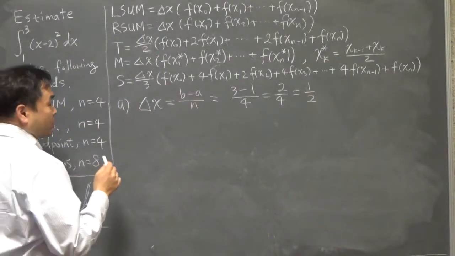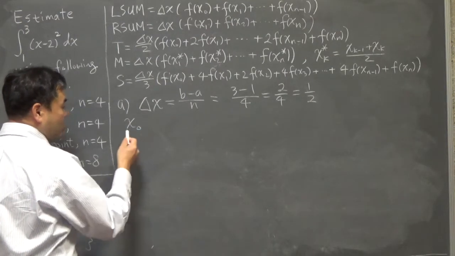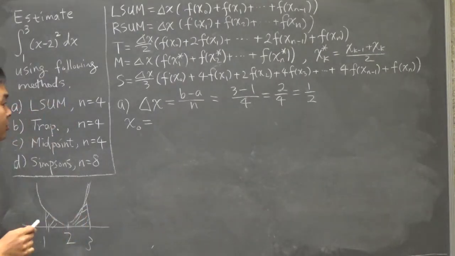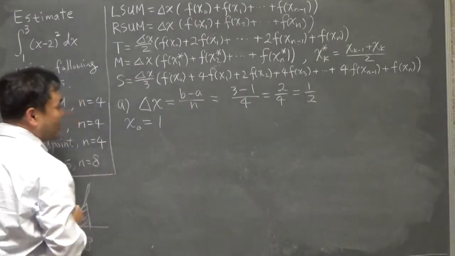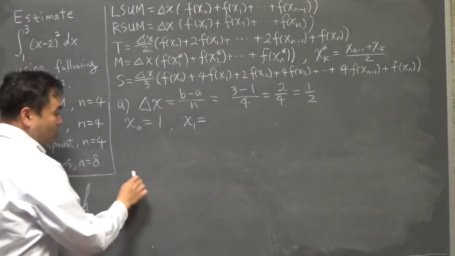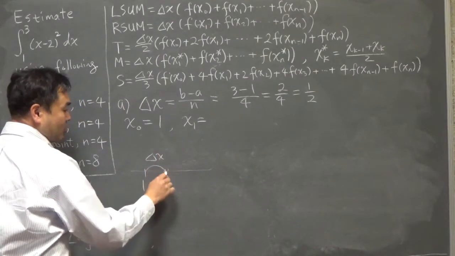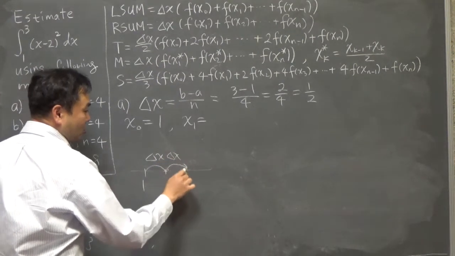Now once you're done with delta x, then it's x0, x1, these endpoints that you have to figure out. x0 is always starting with the left endpoint, so it's just 1. And then x1, you start from 1 and then you move by this delta x amount to get to the next one, and then another delta x to get to the next one, and so on, right?